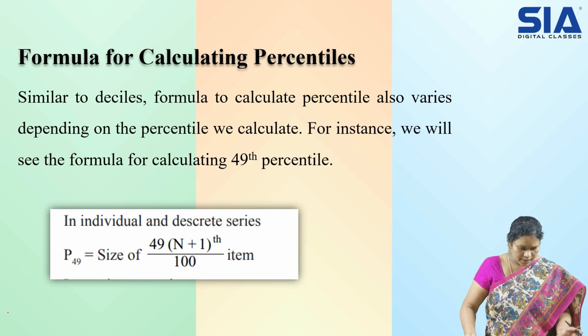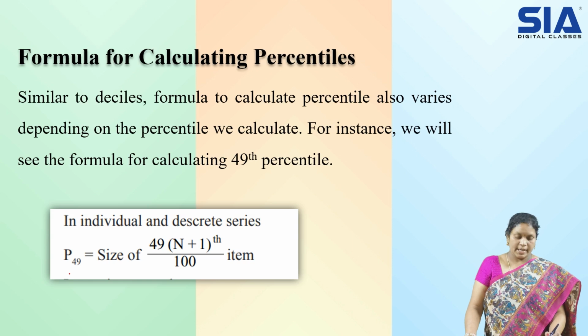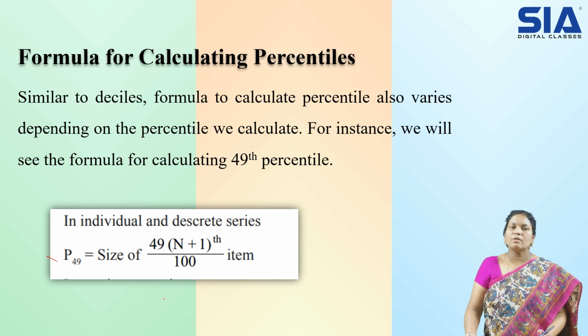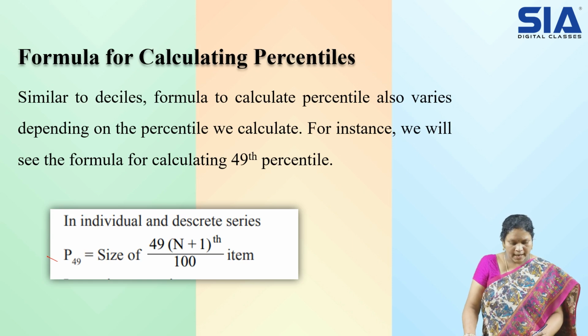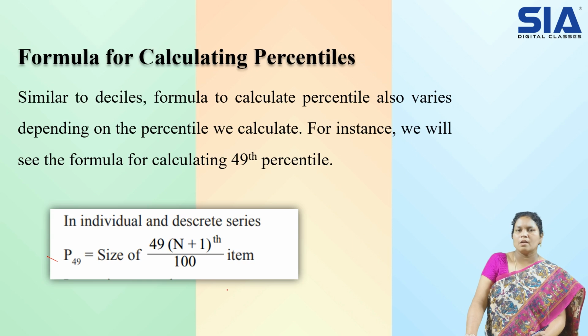Okay. So first of all, as an example, they have given here P49. Check it out. For the 49th percentile, how does the formula go? Just like median, quartiles, deciles, here also for percentiles the same formula goes on: 49 into (n plus 1) by 100th item, because percentiles are divided into 100 parts, right?